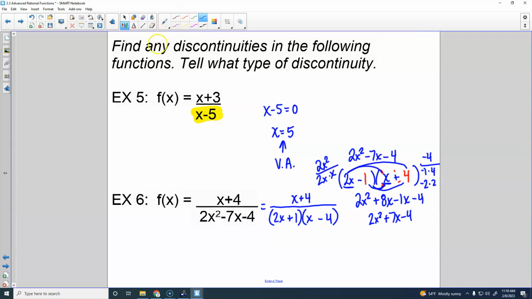So if I switch right here my positives and negatives, so I've got plus right here and a minus right here, then I get 2x squared, I get minus 8 plus 1, that's going to be a negative 7 right there, which is what I want, so that is factored correctly.